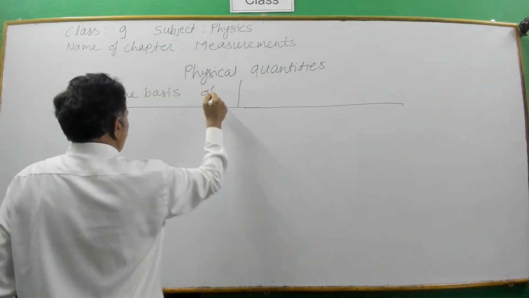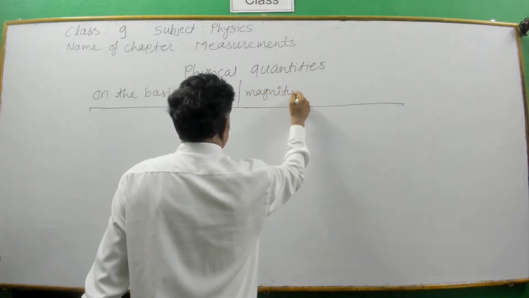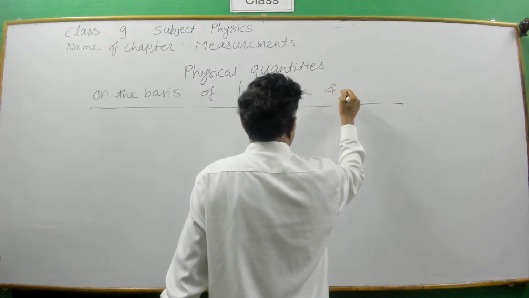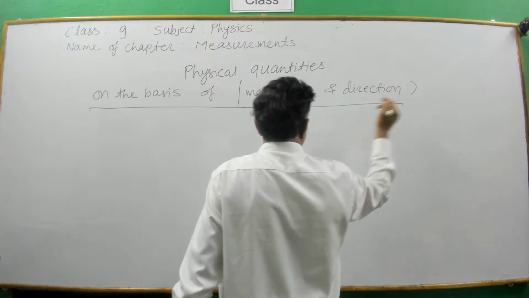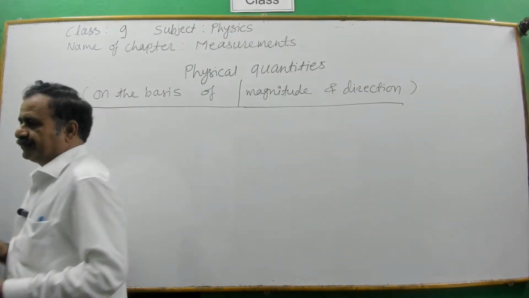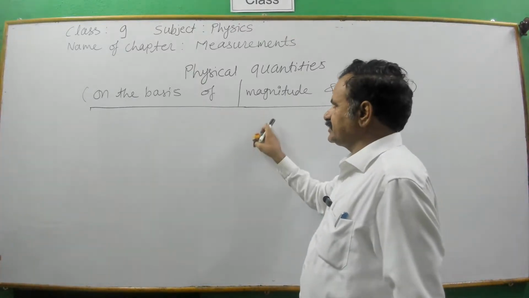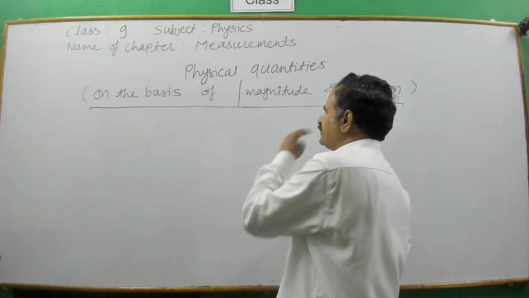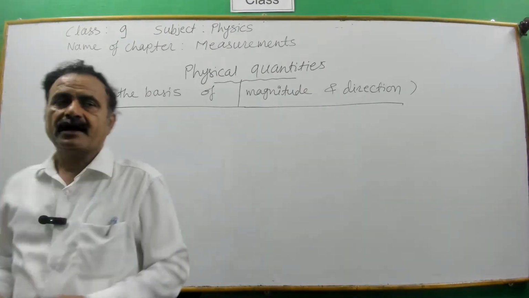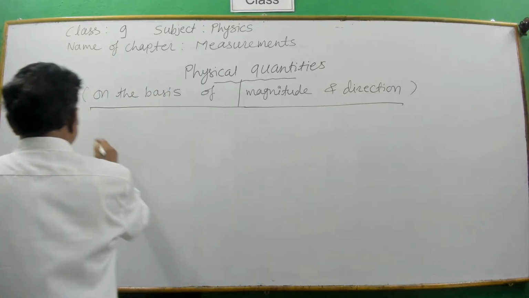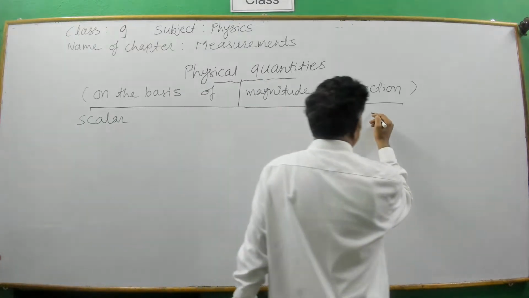On the basis of magnitude and direction. Physical quantities are divided into two types. This classification is done on the basis of magnitude and direction. Which are they? Scalar physical quantities and vector physical quantities.